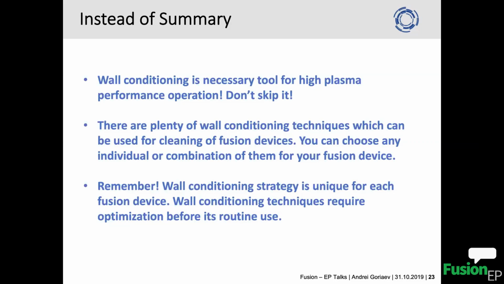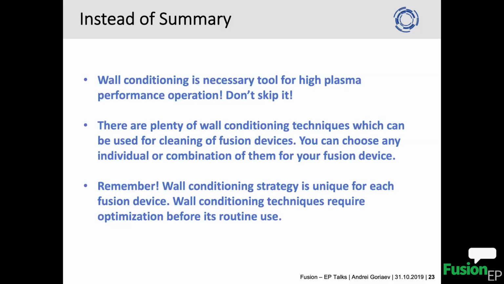As I discussed, there are a lot of wall conditioning techniques. There are some main wall conditioning techniques such as baking, glow discharge, ECRH and ICRH wall conditioning. For some devices, you can find specific wall conditioning techniques. I didn't discuss, for instance, thin film deposition with droppers and pellet injection, but it can also be used.